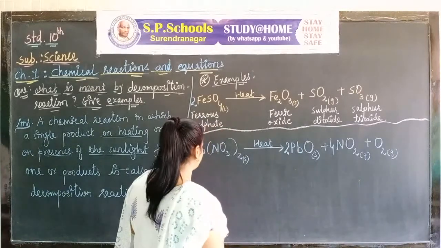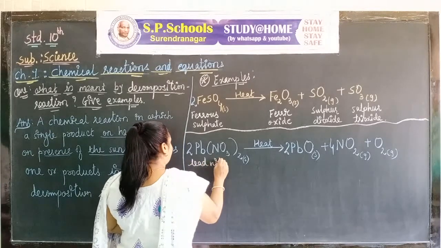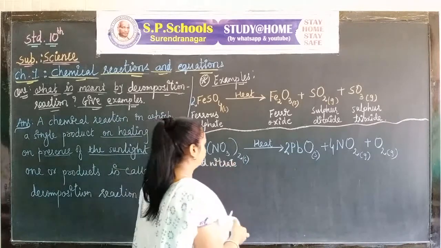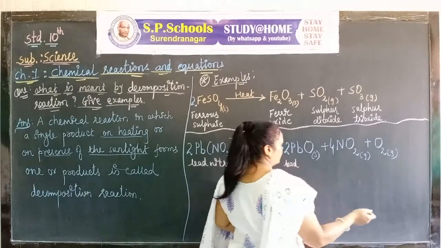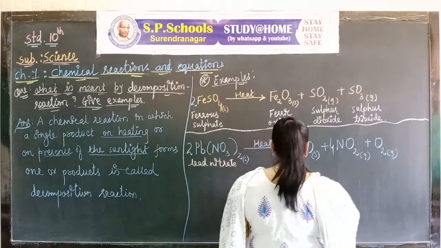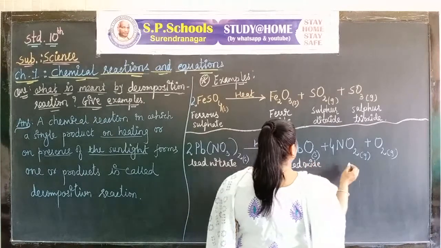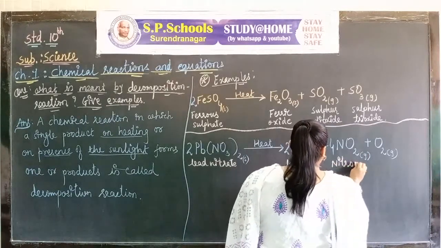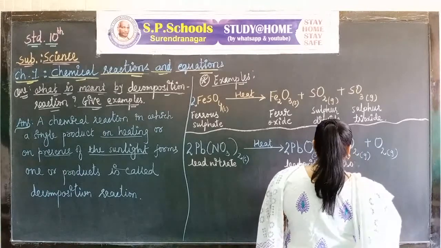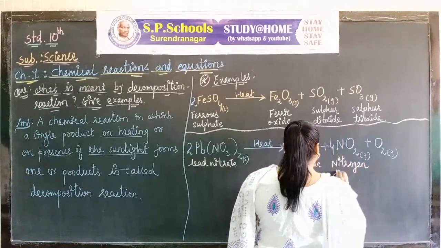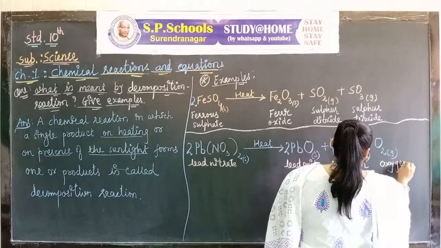Names for each substance and product: lead nitrate, lead oxide, nitrogen dioxide, and this is oxygen.